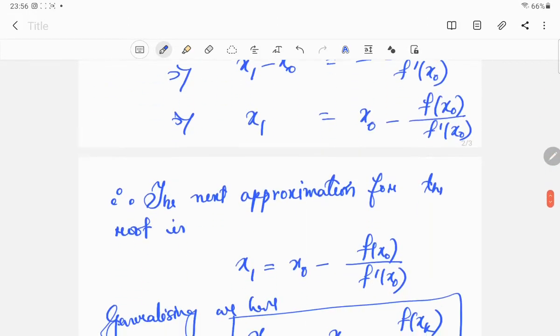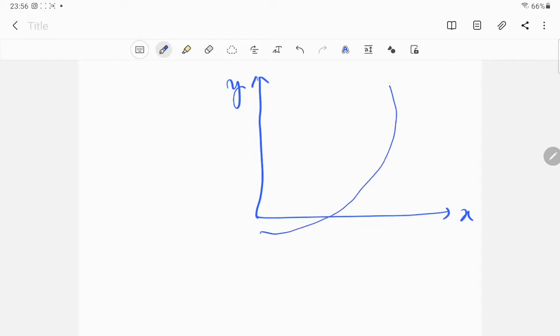I would like to show you in a detailed way. Suppose that you have the graph like this, x and y, and the graph goes like this, y equal to f(x). The first point is P, which is nothing but (x0, y0).